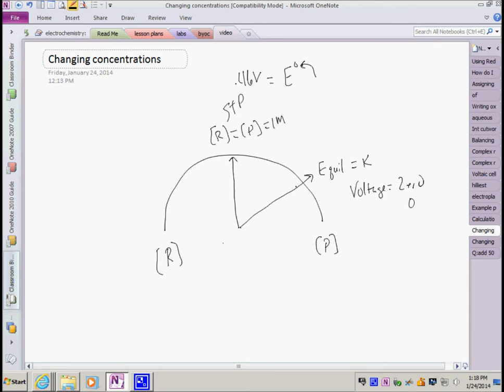If I were to go outside that range, I should understand that as I pull farther and farther away from my equilibrium point, more and more energy is being stored. At this point, I have a larger amount of reactant concentrations, and less and less product concentration. I'm getting farther and farther away from K, the concentration of my products over the concentration of my reactants. My fraction is getting farther and farther away.